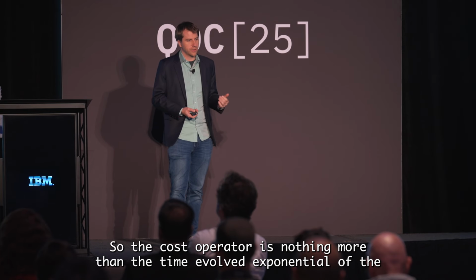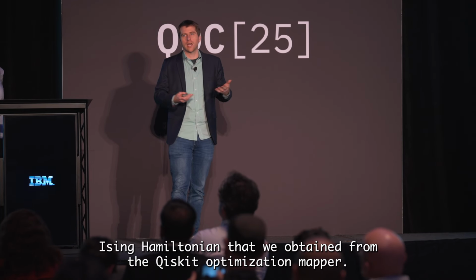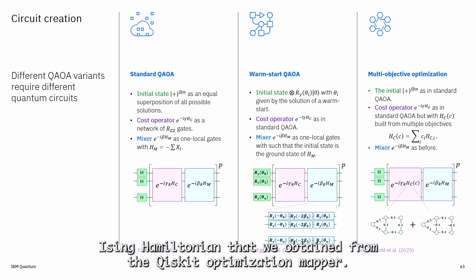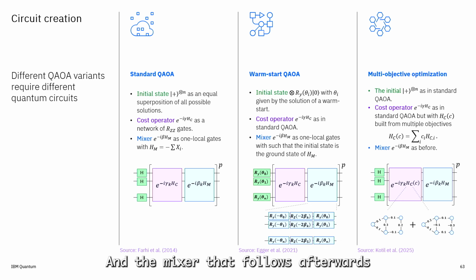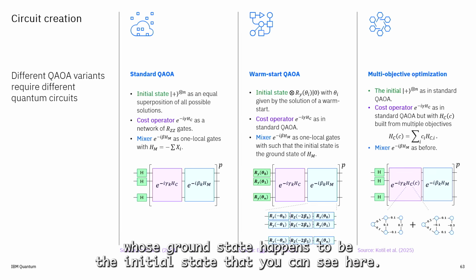The cost operator is nothing more than the time-evolved exponential of the Ising Hamiltonian that we obtained from the Qiskit optimization mapper. And the mixer that follows afterwards is nothing more than the time evolved of a Hamiltonian whose ground state happens to be the initial state that you can see here.